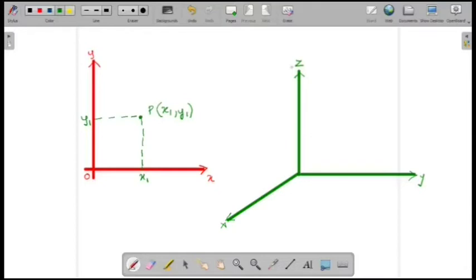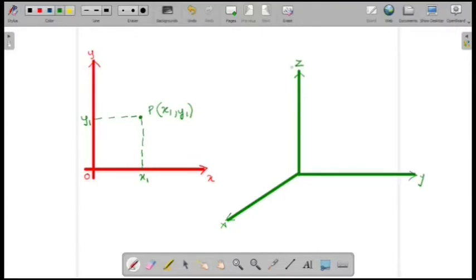Now notice that I have changed the positions or alignments of these axes. X and Y are in the horizontal plane. By horizontal plane, I mean that they are parallel to the Earth's surface. So they are in the horizontal plane, and the Z axis is perpendicular to both X and Y. Normally this is the generic denotation.